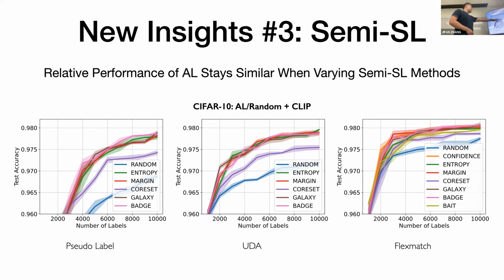Very loosely speaking, their order is roughly similar across plots. And a 0.1% difference here is not that significant. So this suggests that you can study active learning while fixing one of the semi-supervised learning algorithms, preferably FlexMatch, because that's the one giving you the best accuracy. Obviously, this doesn't discourage you from proposing a combination of semi-supervised learning and active learning algorithms, but that hasn't been something people have done before. That's also a possible direction to go in.